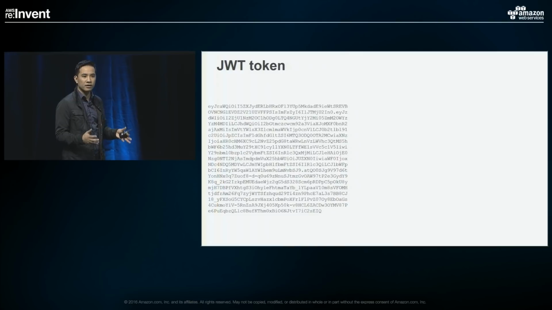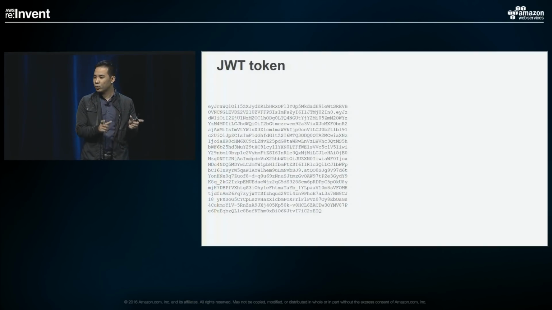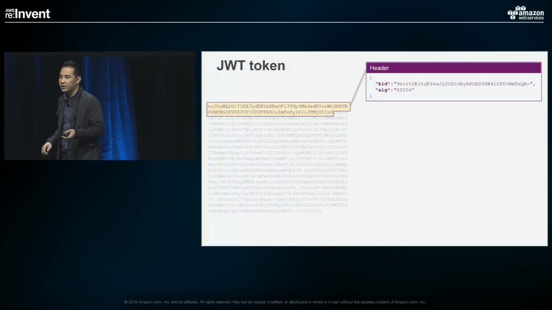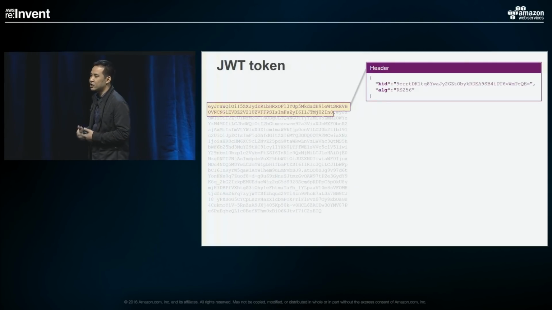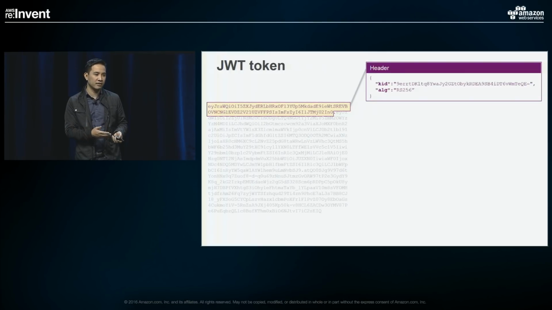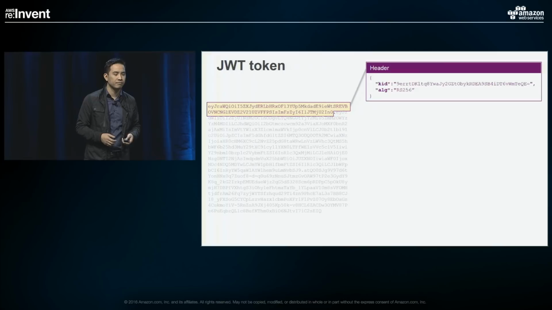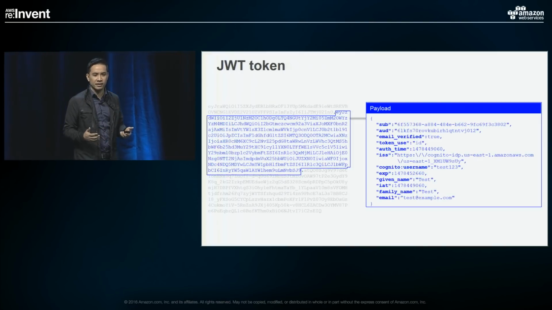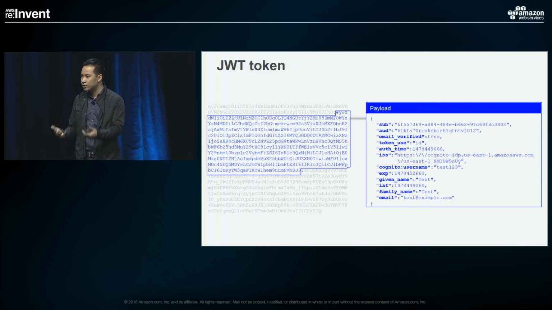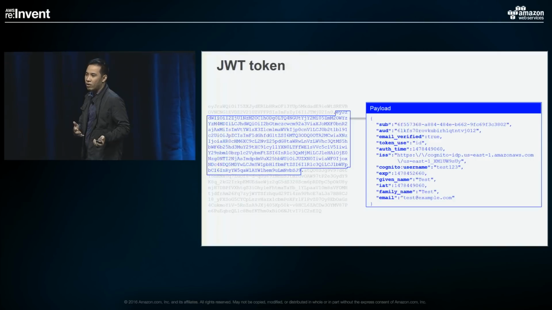It's base64 encoded, and it consists of 3 parts separated by periods. The first part is the header. It just indicates that it's a JSON Web Token and the particular signing algorithm. The second part is where the meat is, and this is the payload. So this effectively contains our assertion, and we'll go into more details on this.